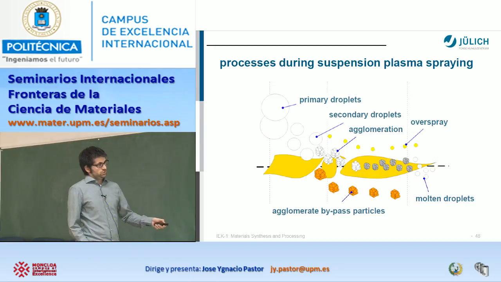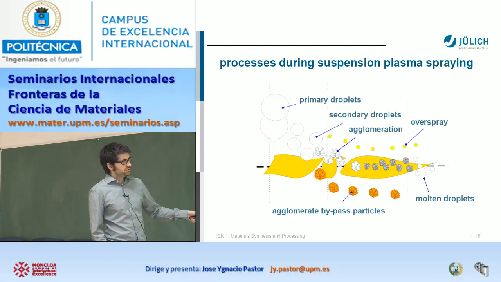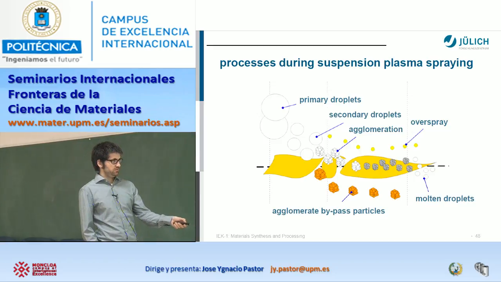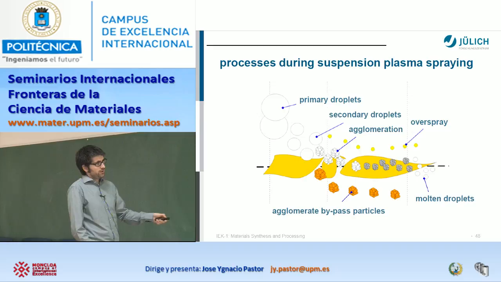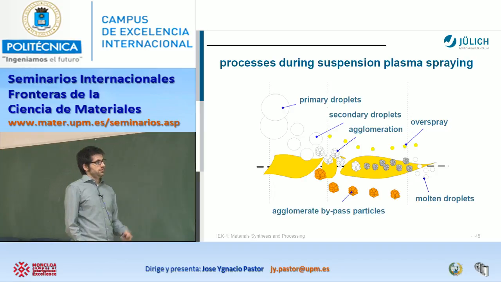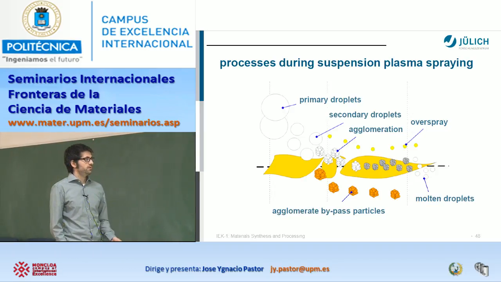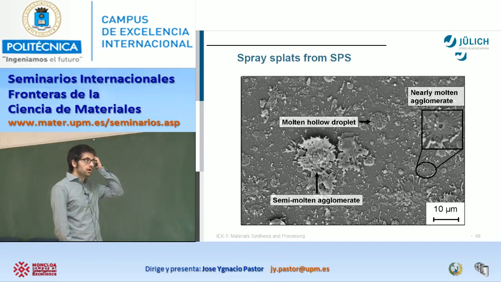Most of them are already molten, and in the correct condition they start to melt the agglomerates, and in the end we have here the molten droplets that we want to spray onto our substrate. And there are others that pass, obviously, this liquid and this gas, that are oversprayed and cover other parts. But then at the end, what we will have is the deposition of our particles, even if we lose some of them. And here is how they look.